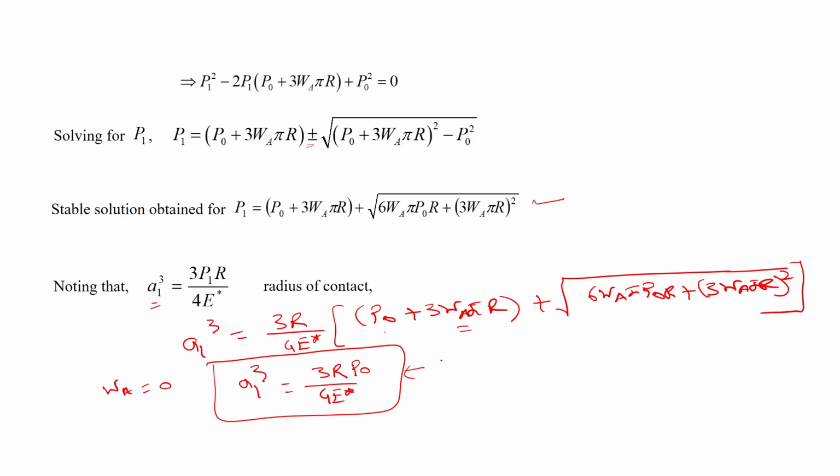So, this will match with that Hertz load, no issues there. So, therefore, it works. What it shows is that when you have this p0 amount of load applied, and then you have some work of adhesion, some amount of interaction between these two spheres, then the actual contact area a1 increases over what would have been achieved with only p0, that is what it shows.